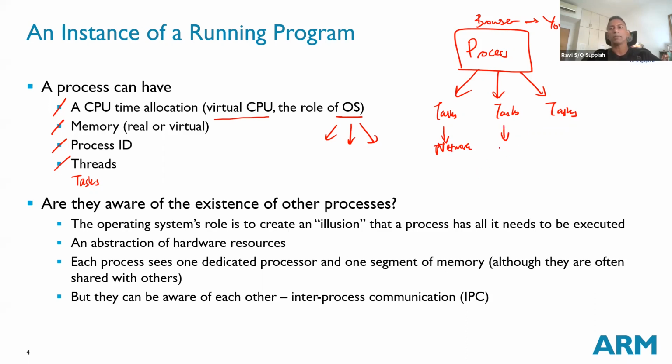Then you need some tasks to handle the video display on your monitor. Then you also need some tasks for the audio playback and so on. So a process is the general application you run, but that process may instantiate other tasks to handle some of these sub activities within the process. So this is the general terminology.